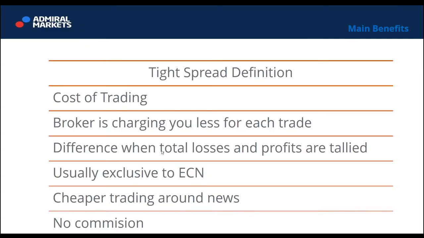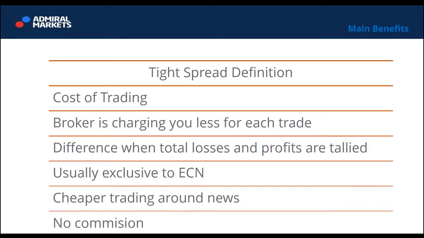So also, a lot of people are not sure what a spread is. Chris has already explained what a spread is, but definitely, guys, once more, for all of you who are new to this, the spread is simply the difference between the bid price and the ask price, okay? The bid price is the price to sell a pair, and the ask price is the price to buy a pair, okay?